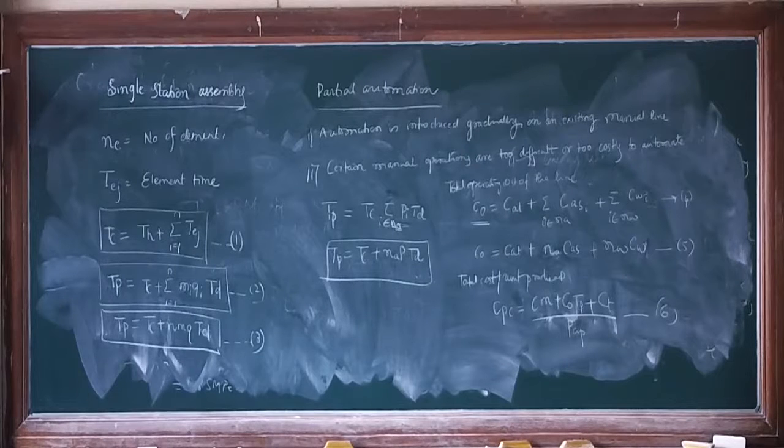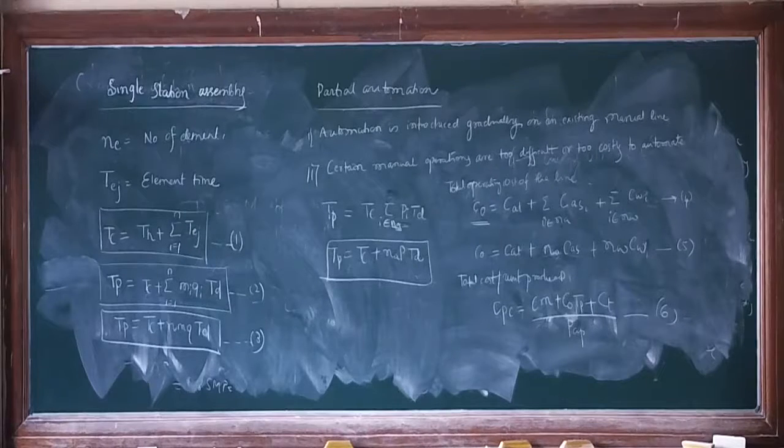Then about the automated production line, only fundamentals. In that, system configuration again, that I have explained. Several possible layouts: L shape, U shape, rectangle shape, circular shape.